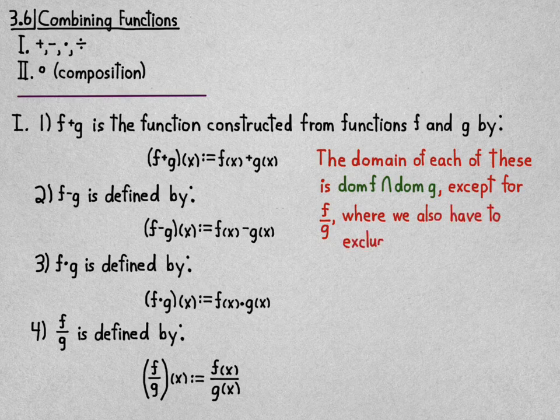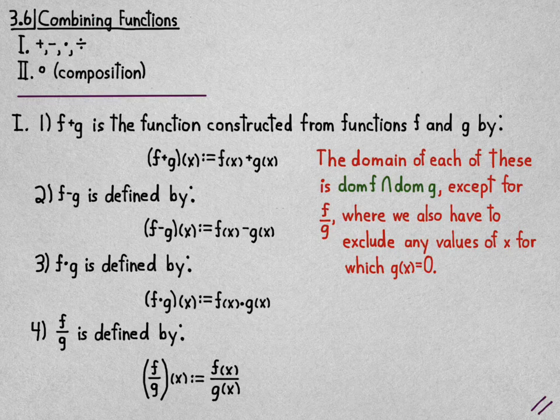The domain of each of these is the intersection of the two domains, the intersection of the domain of f with the domain of g, except for f over g, where in addition to taking the intersection of domain f and domain g, we also have to exclude any values of x for which g(x) is 0, because we can't divide by 0.